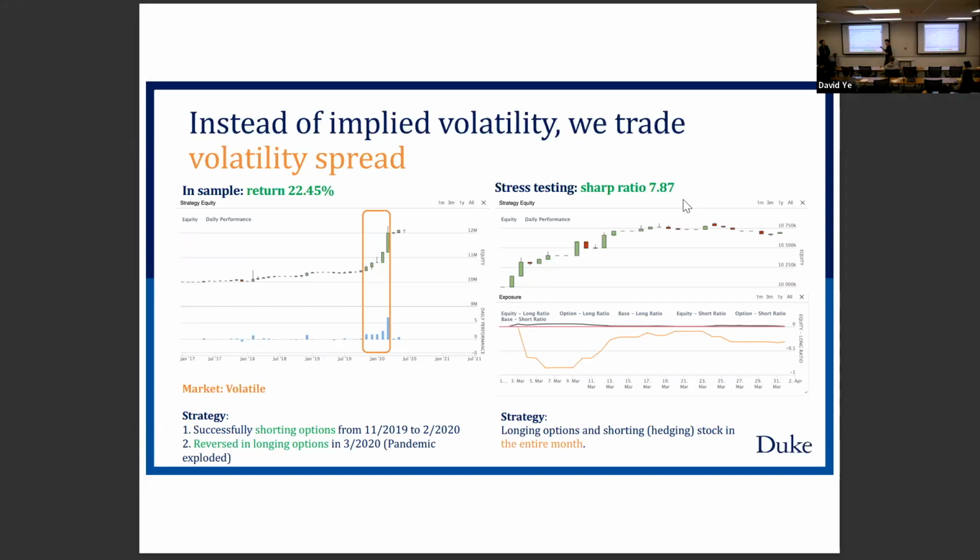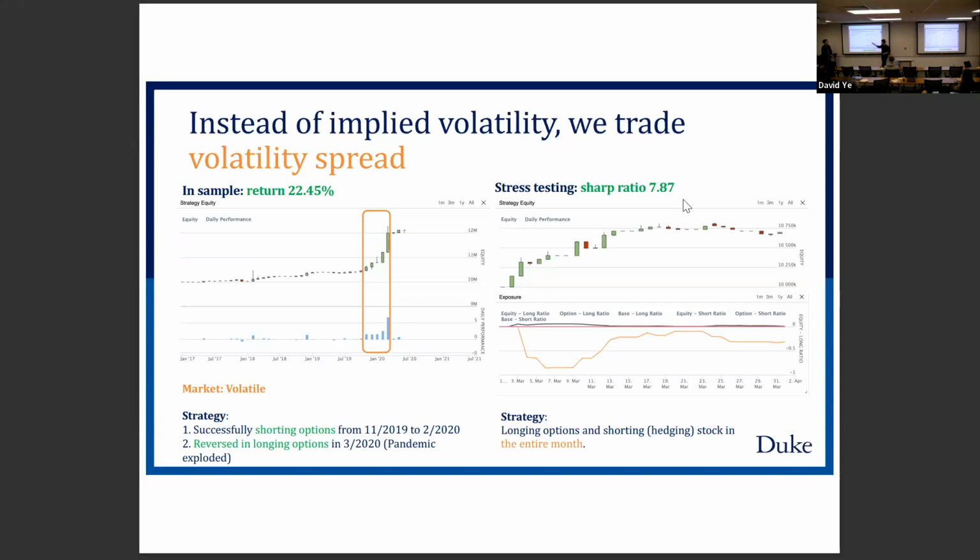In the first 4 months, our strategy thinks that the volatility is overestimated, so we short options and hedge with stocks to profit. And when the pandemic hit in March 2020, our model thinks that the volatility is underestimated, so we reverse and go long on the options.